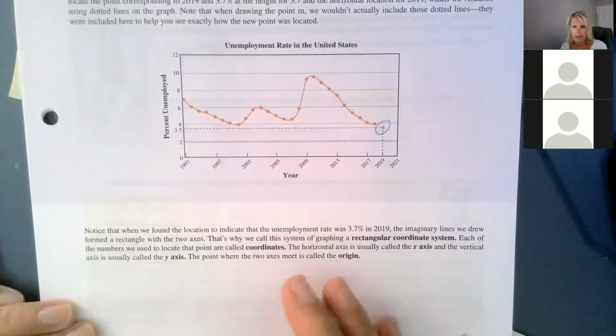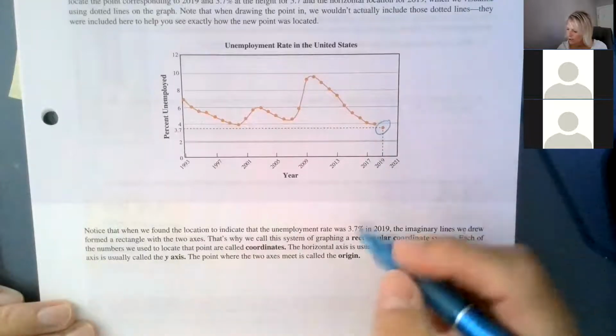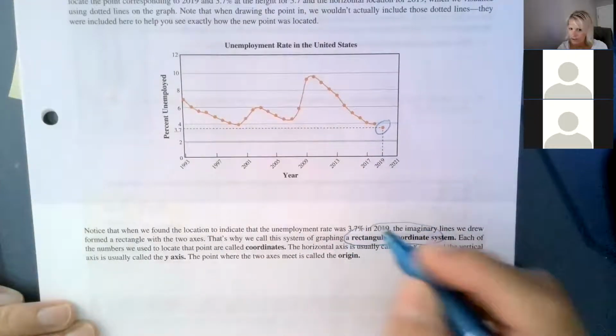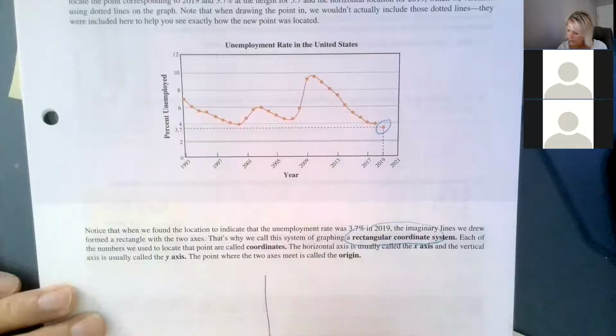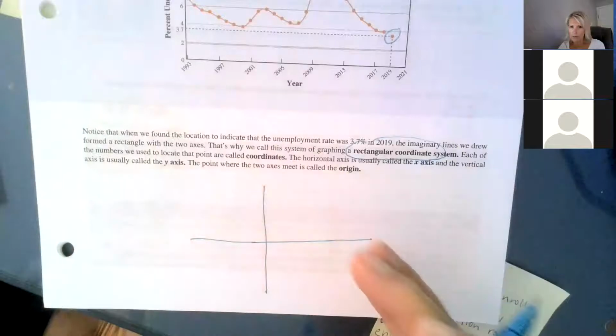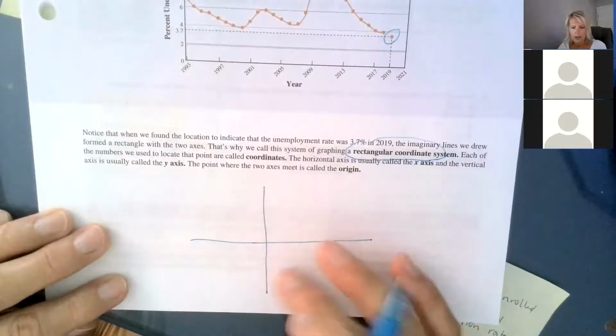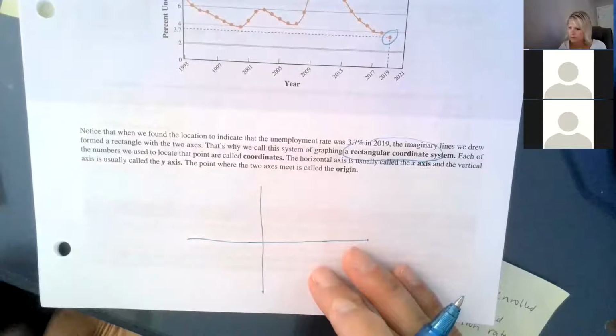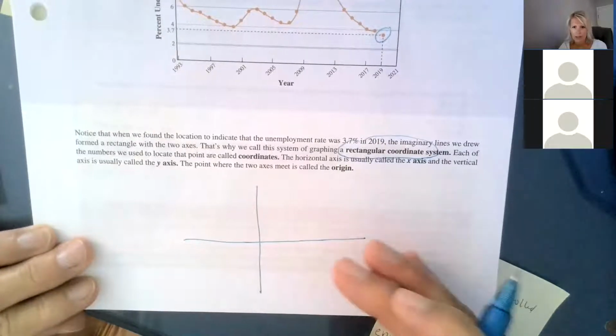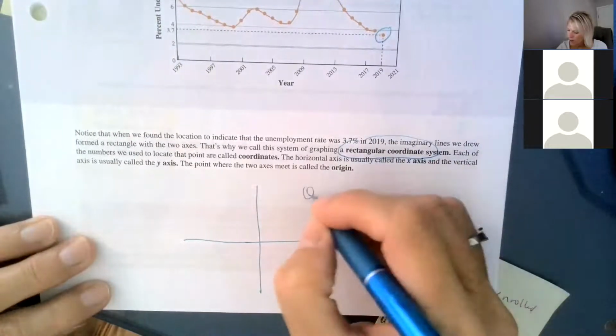So we are basing our graphing on something called a rectangular coordinate system, meaning it makes this square-shaped plus sign. It's broken into four areas. We call them quadrants. So this is quadrant one.